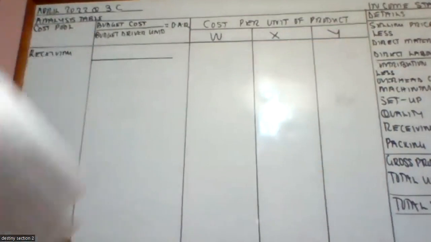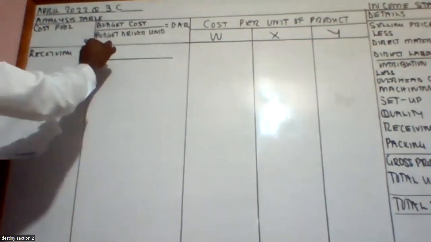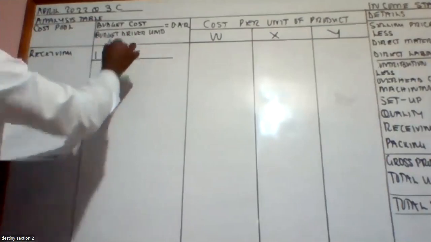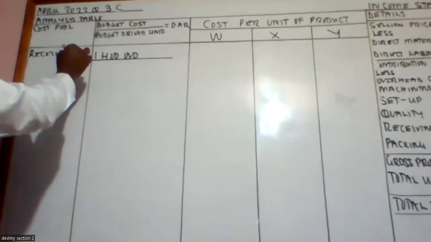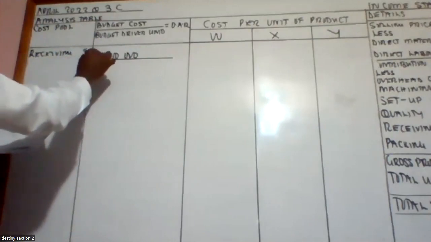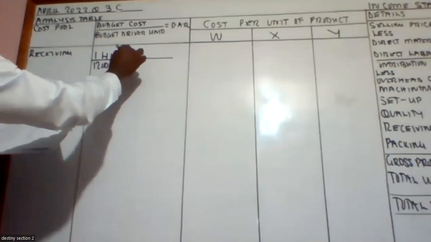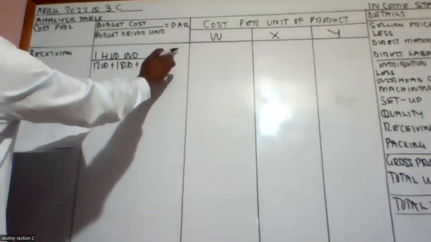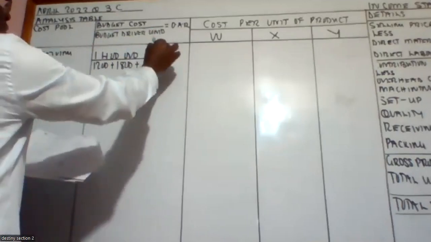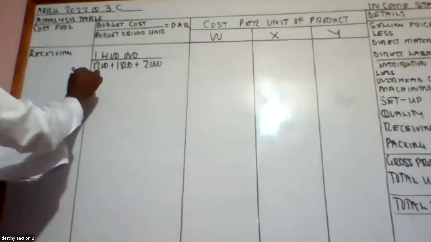So we will write it like this: 1,400,000 divided by the requisitions, 1,200 plus 1,800 plus 2,000. Write it down here.